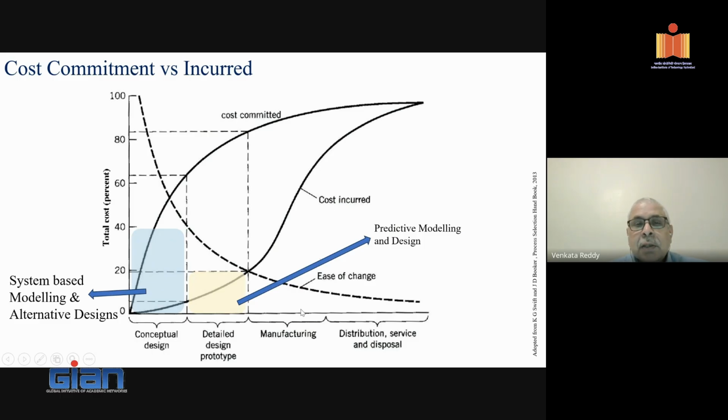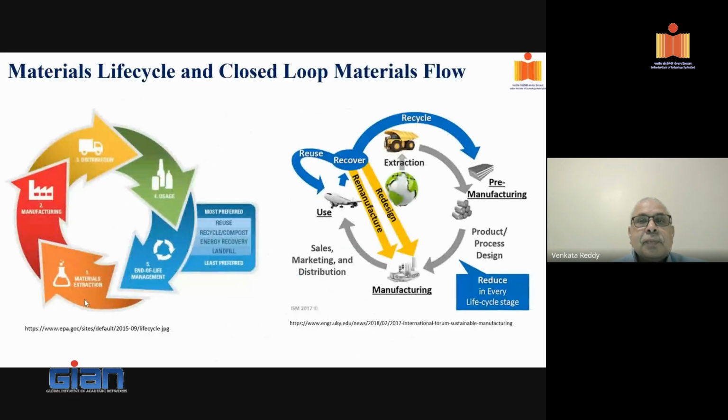Okay, and then foresee. Now here you can do total life cycle predictive modeling. Okay, to a large extent, those facilities are available, and are still being developed. So by using those tools, it will be very, very important to foresee them. Okay, and then evaluate one design against the other.